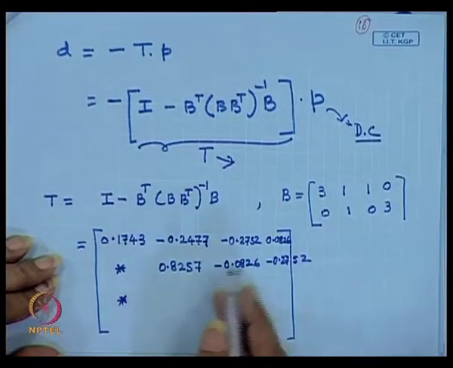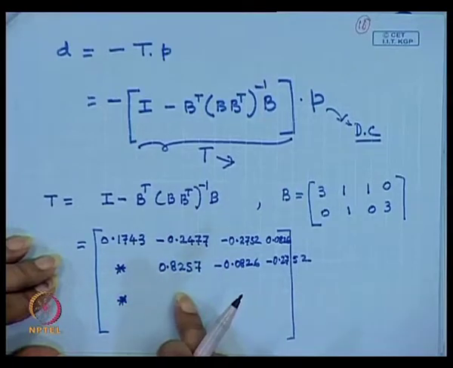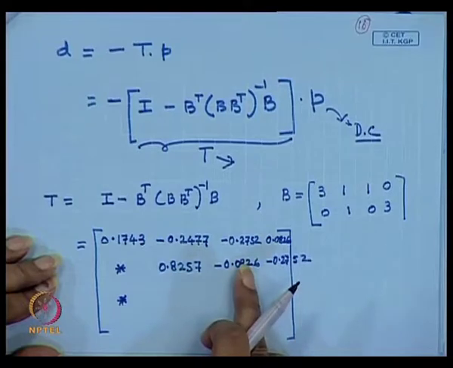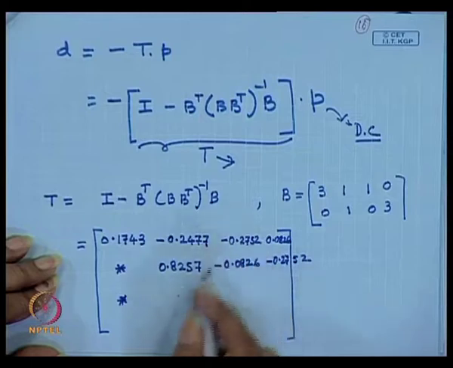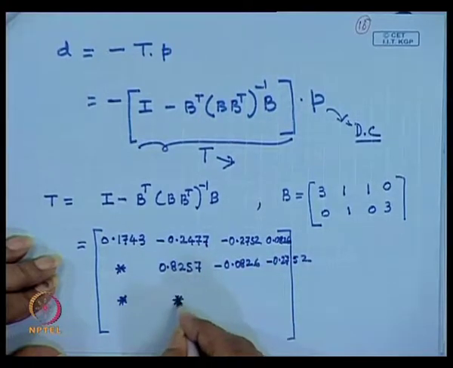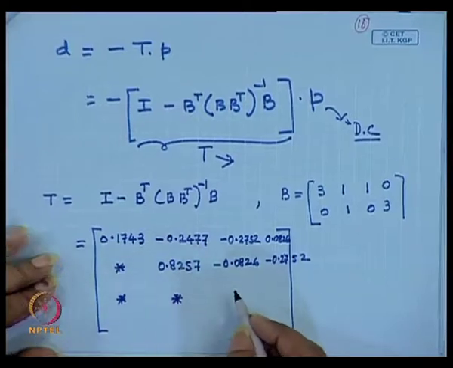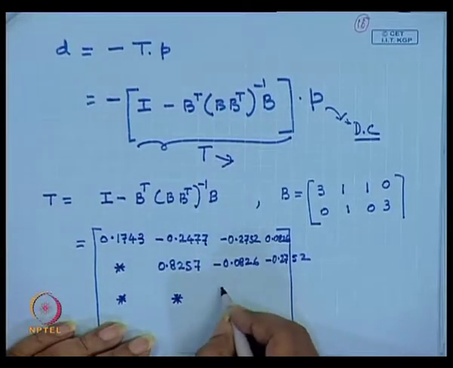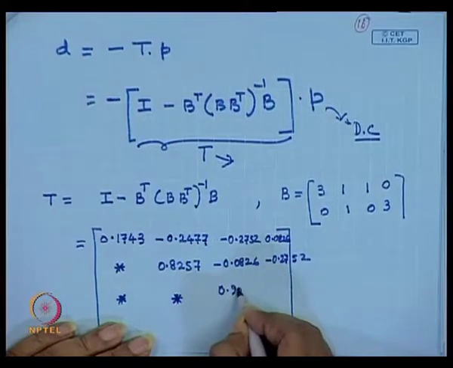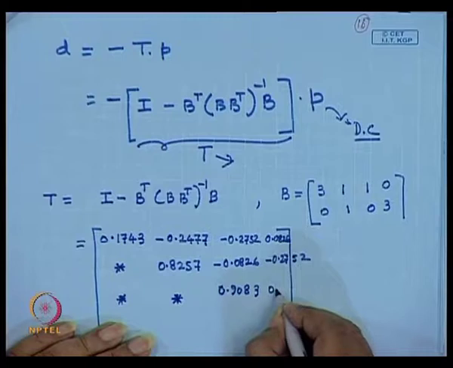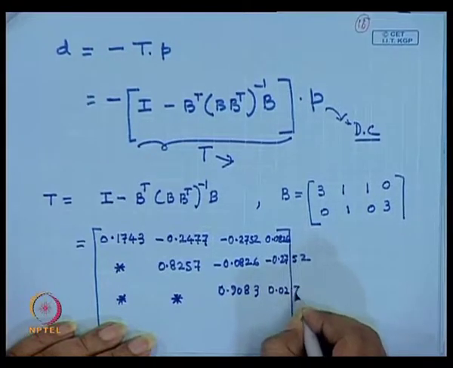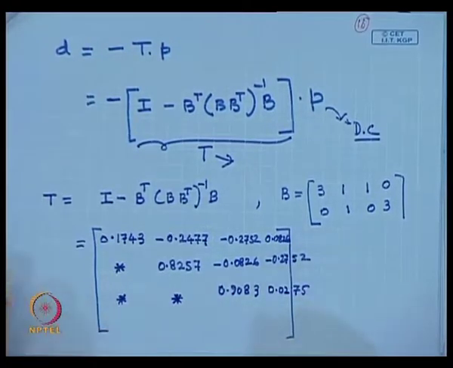Next, the 3 2 position is the same as the 2 3 position, that means this numerical value will come here. Then the 3 3 position is 0.9083, then this value is 0.0275. Agree?